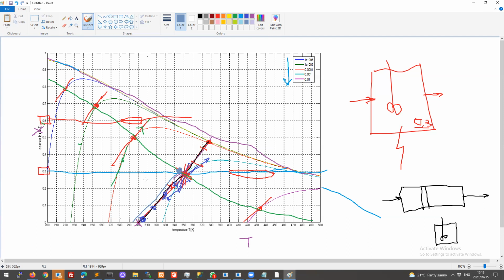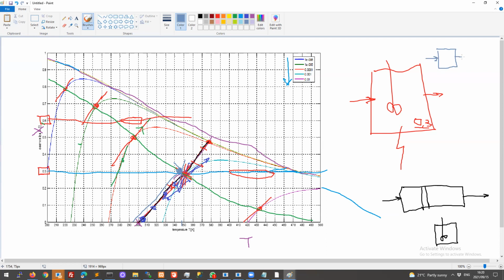In other words, this is my operating point for my reactor. I can read off this point. It's about 348, maybe 348 Kelvin, and conversion of 0.3. So that tells me I have a CSTR that looks like that, right?